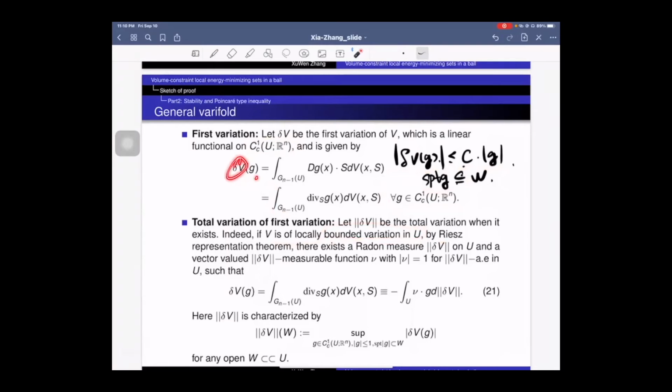And if V is of locally bounded variation, we can extend delta V to be a linear functional on the continuous function space with compact support.